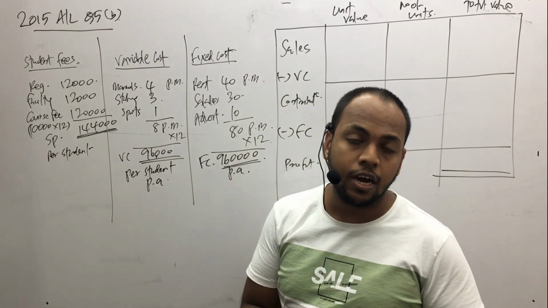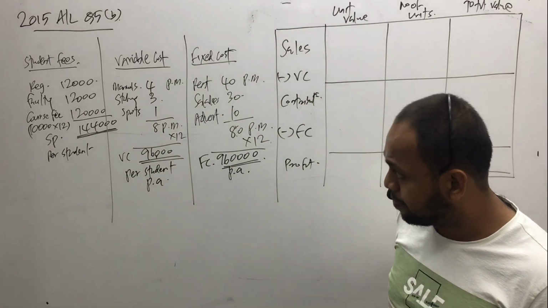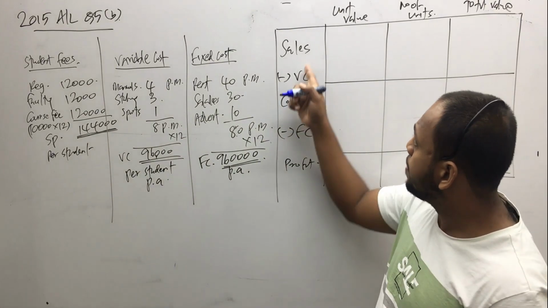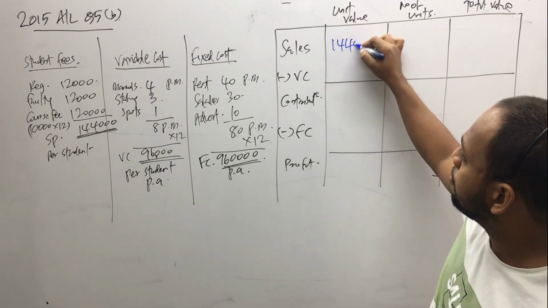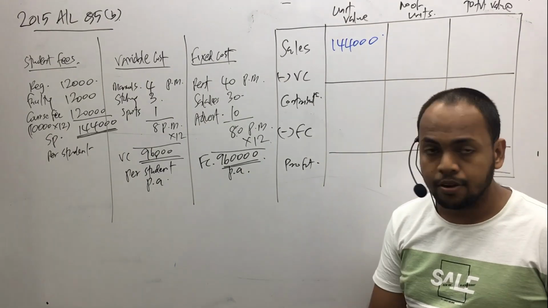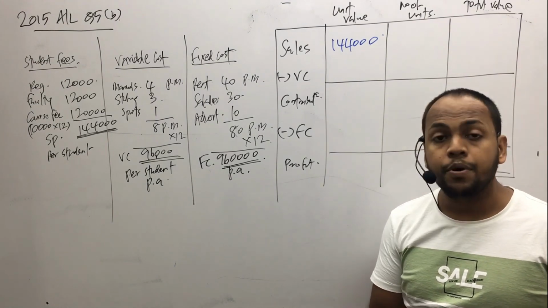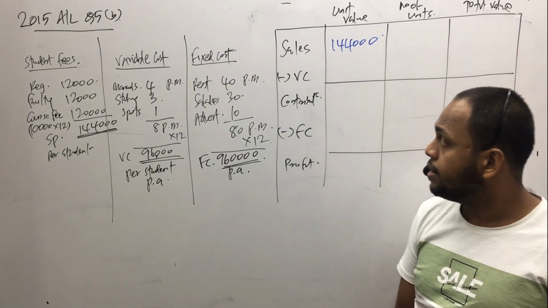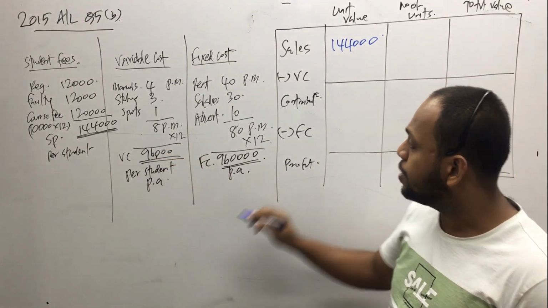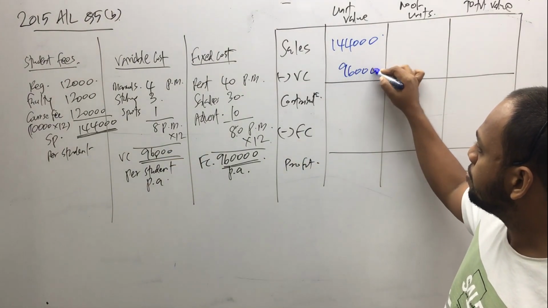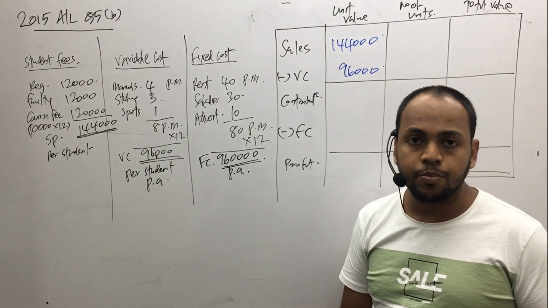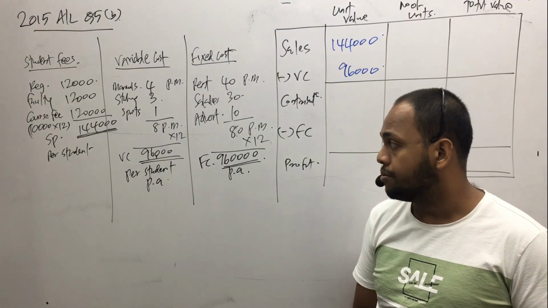Per student we charge 144,000. So that is your selling price per unit, 144,000. Each student must pay 144,000 per annum. Then the variable cost per student is 96,000.